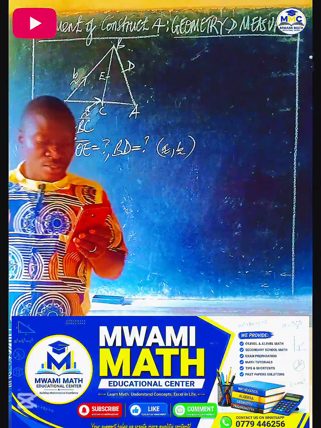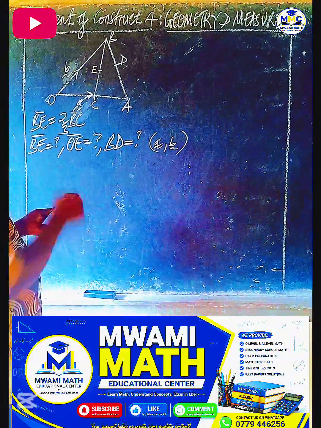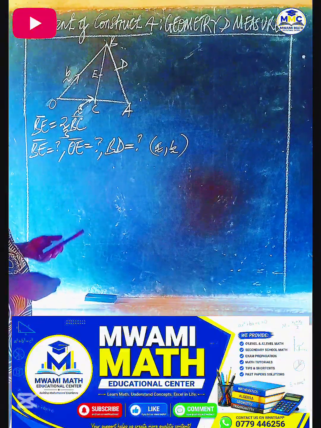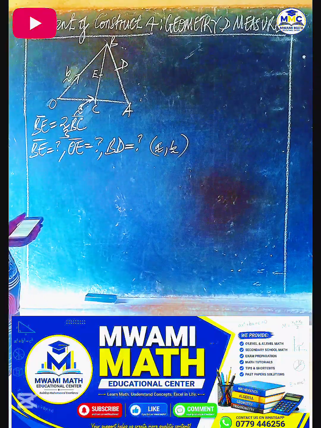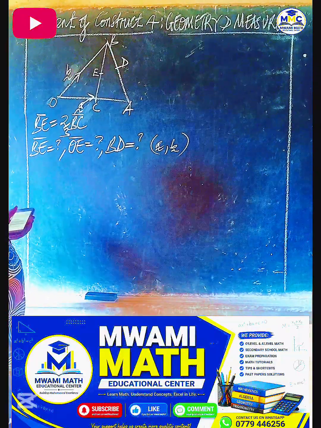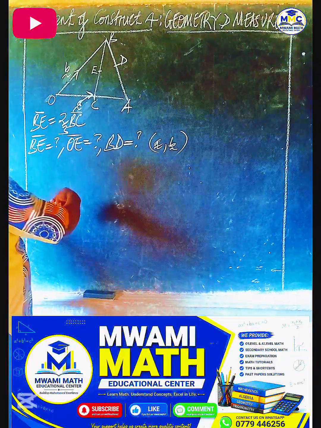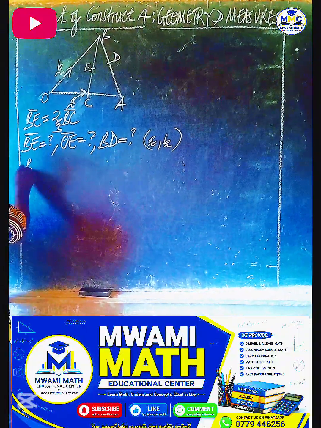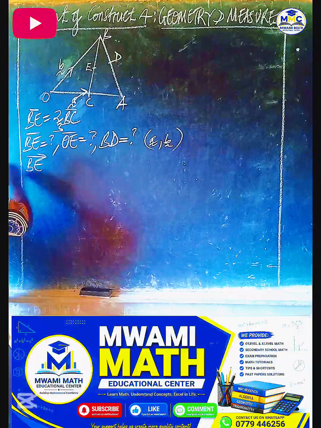Okay. So our viewers, we want to go through and now start on the solution. So now, after summarizing like that, the first part says find BE.